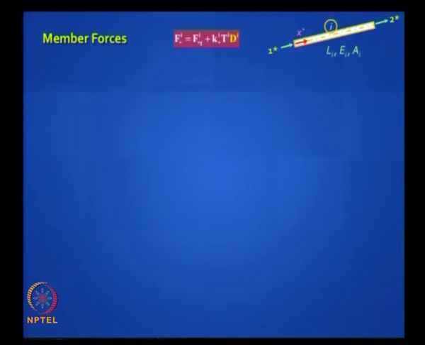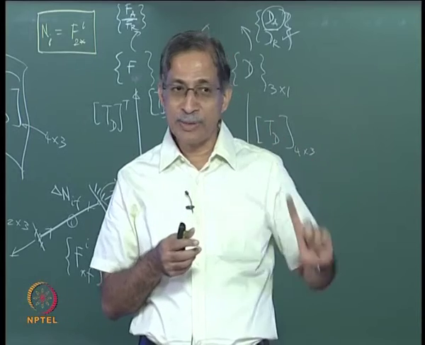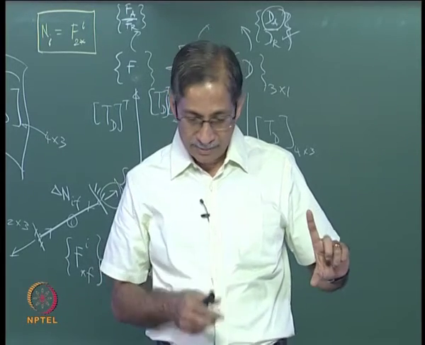And then what? Find the bar forces. How do you find the bar forces? There are no fixed end forces, so Ti transpose Ki. Here you have to be careful because from that large displacement vector, what's the size of the displacement vector? 6 by 1. You have to select only those 4 which pertain to the first element.